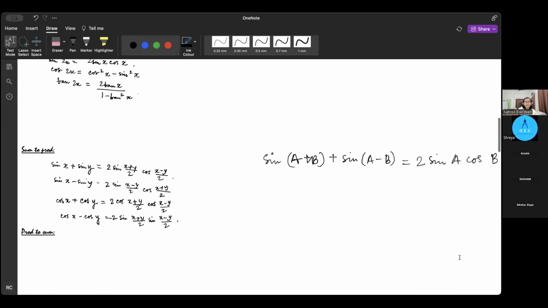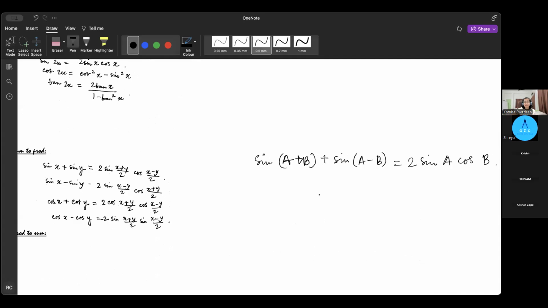And now the thing that you can do is substitute A plus B to be C and A minus B to be D. And then you can solve for C and D, or you can just get A and B in terms of C and D. That is what we want.